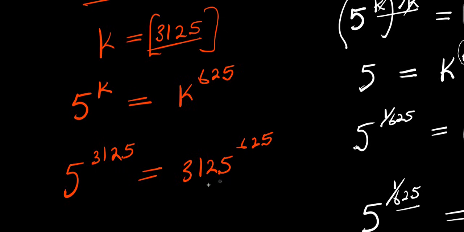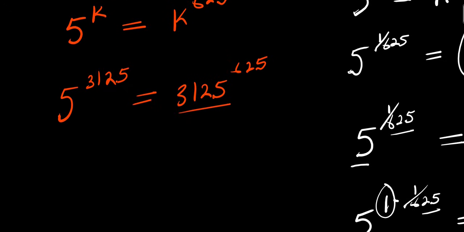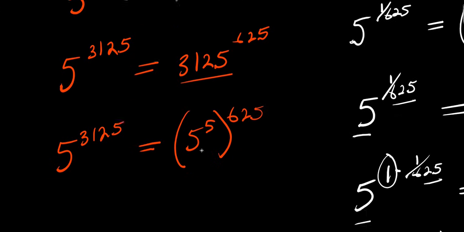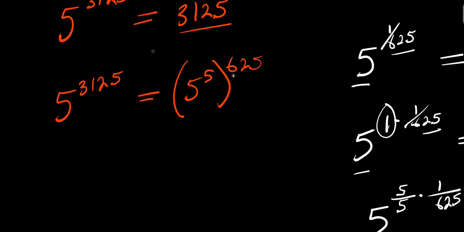So from here, I can have that 3125 is the same as 5 power 5. Remember, we have 5 power 3125 equals, this is 5 power 5, and this is raised to the power of 625. So from here, I multiply this exponent.